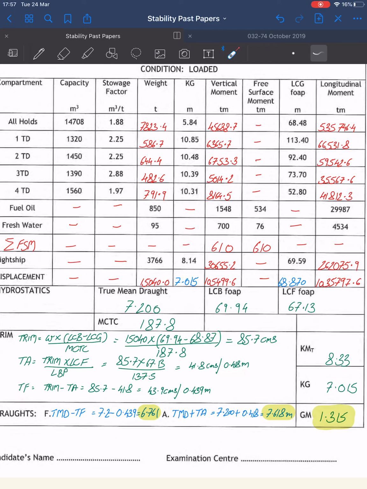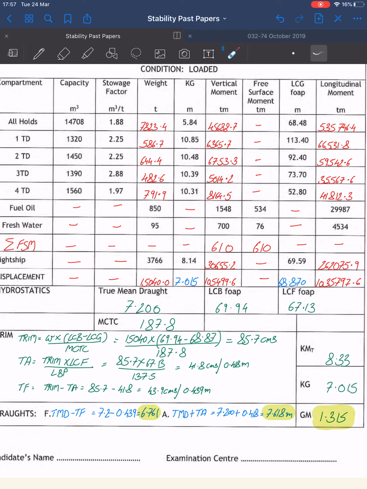Trim forward would be nothing but trim minus trim aft. So 85.7 minus 41.8 gives 43.9 centimeters, or 0.439 meters. Now draft forward would be true mean draft minus trim forward.